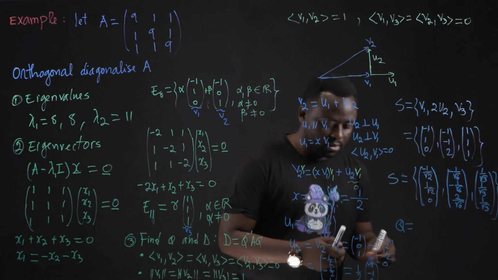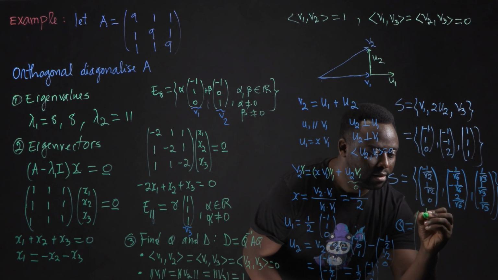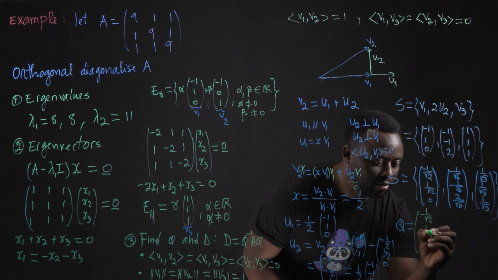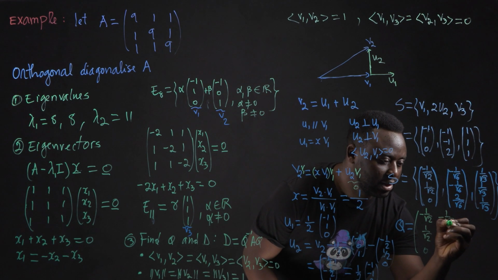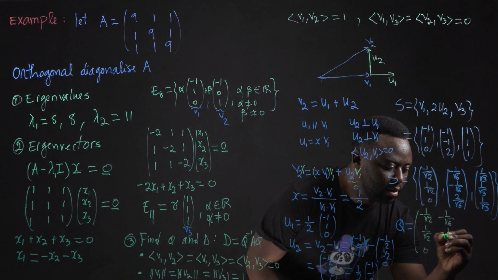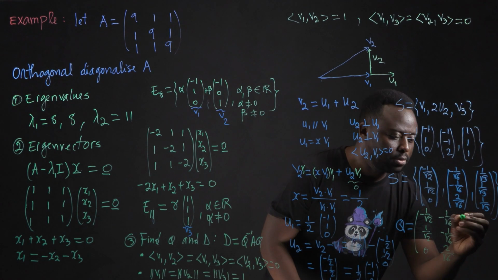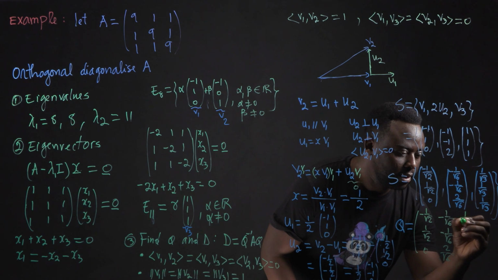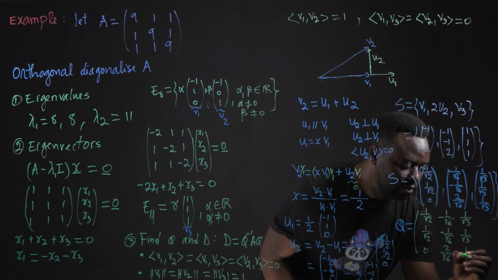Finally, the matrix Q, let me write it like this, is minus 1 over root 2, 1 over root 2, 0, minus 1 over root 6, minus 1 over root 6, and 2 over root 6. And the last one is 1 over root 3, 1 over root 3, and 1 over root 3.